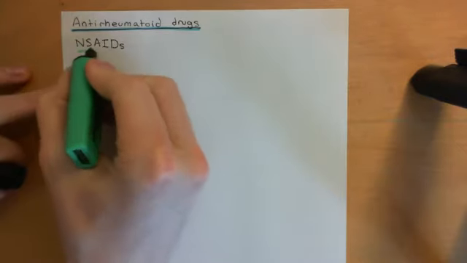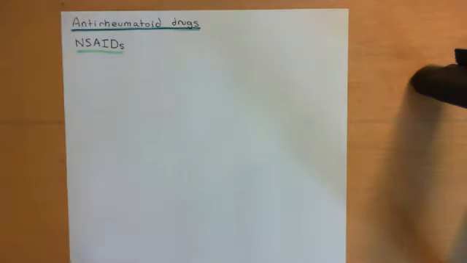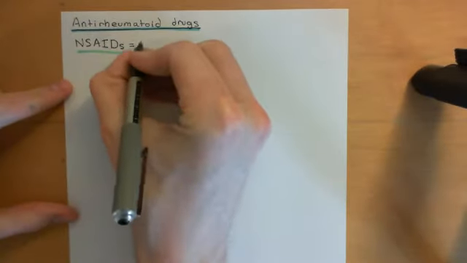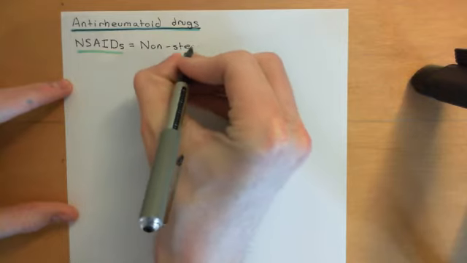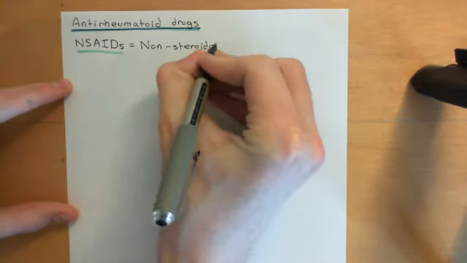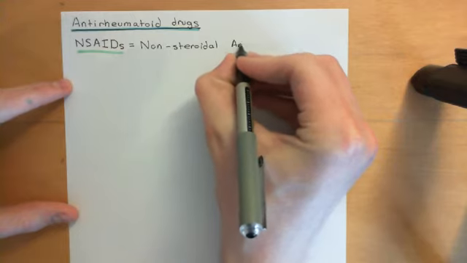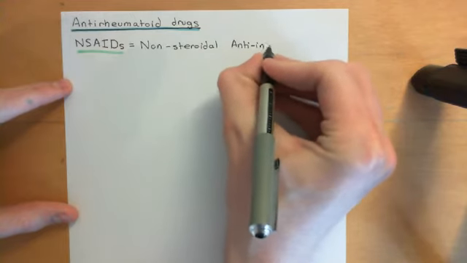Firstly, what does it stand for? It stands for non-steroidal anti-inflammatory drug. So the N is for non, the S is for steroidal, the AI is for anti-inflammatory, and the D is for drugs.